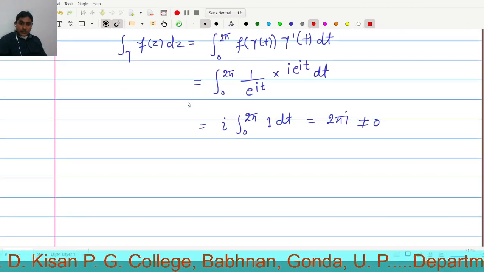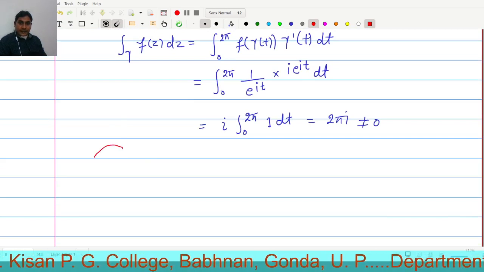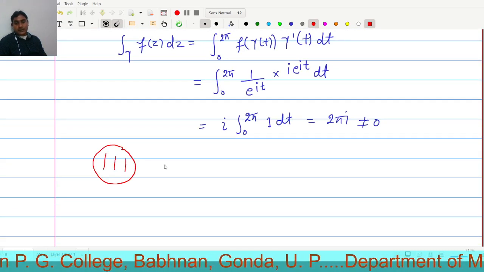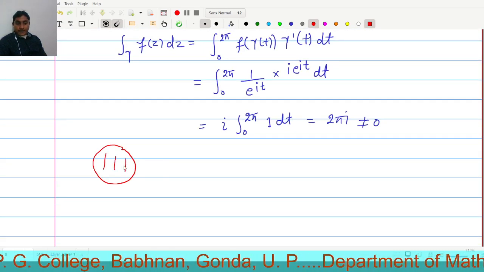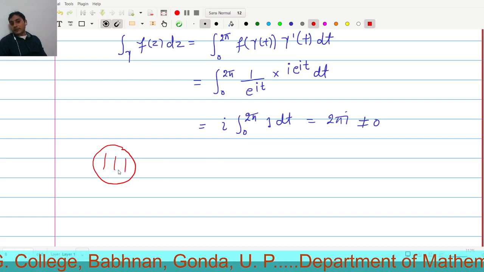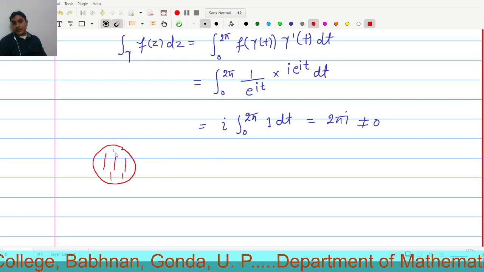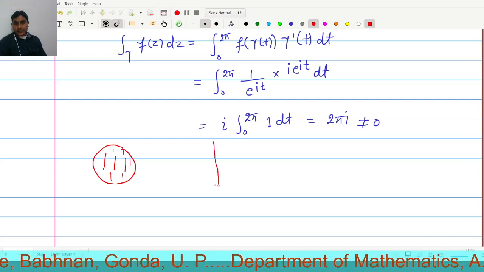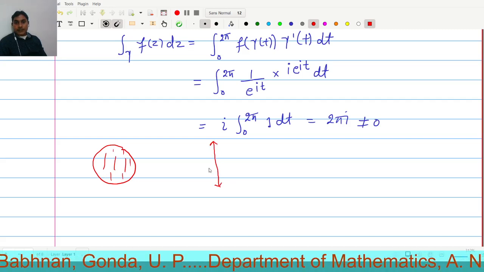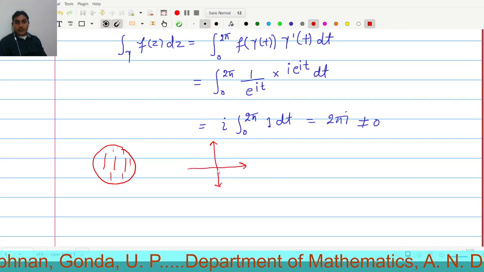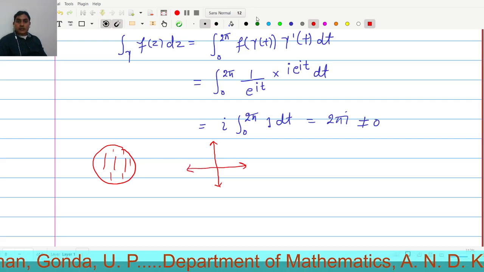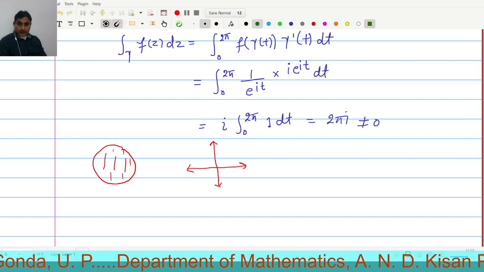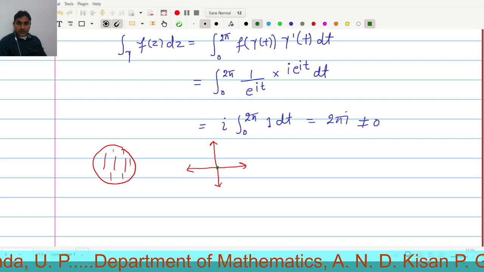In the case of a disk, there is no hole; everything is in the domain. But in our case, we have deleted the origin.